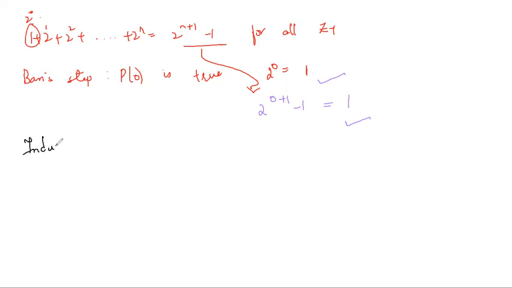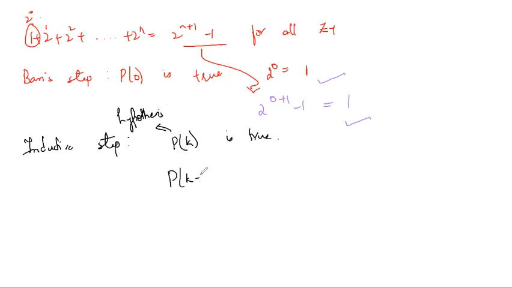For the inductive step, first we assume that P of k is true. This is our hypothesis. A hypothesis is an assumption or premise. If we assume P of k is true, then we have to show that P of k plus 1 is also true.